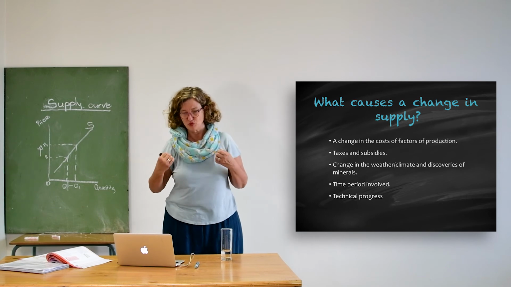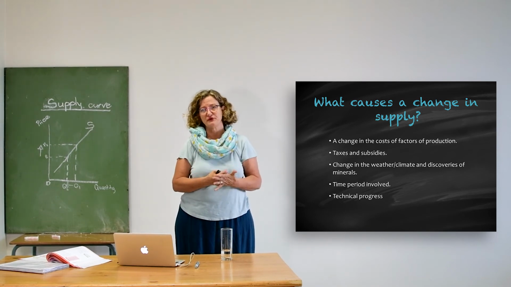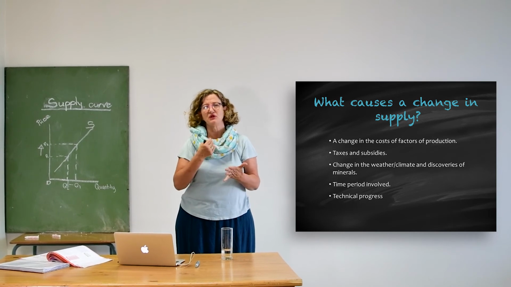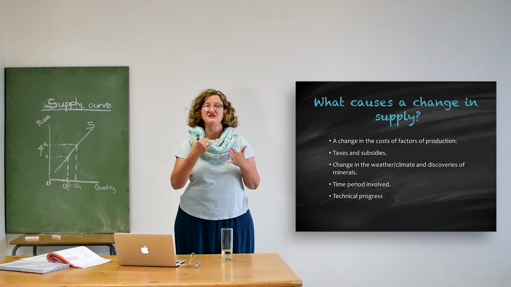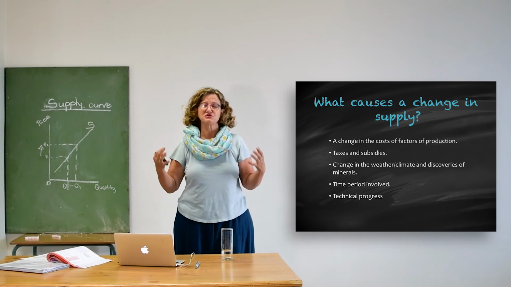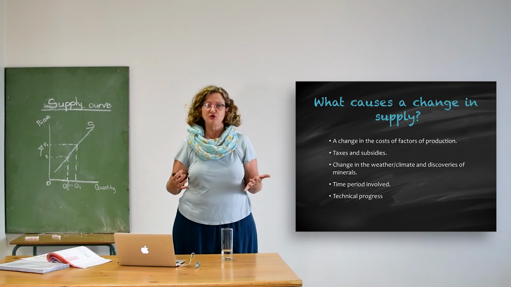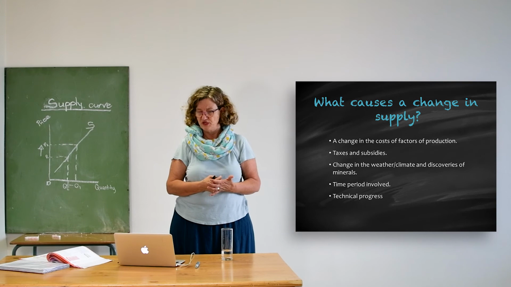And very important, before I continue, it's important for you to realize that people, or firms, will only supply what is demanded. So you will not supply a product which nobody demands. That is very important to realize.